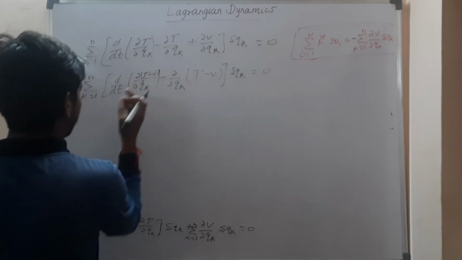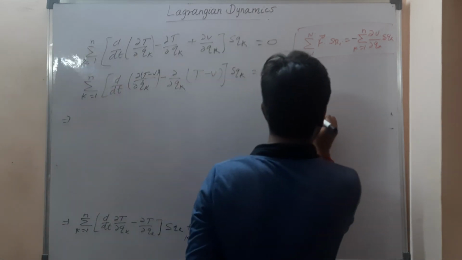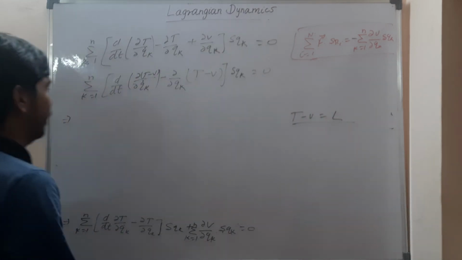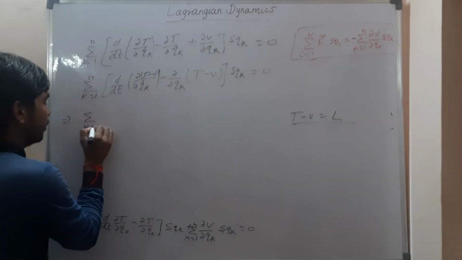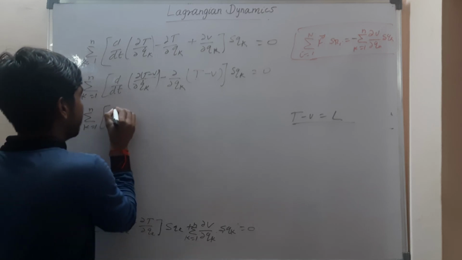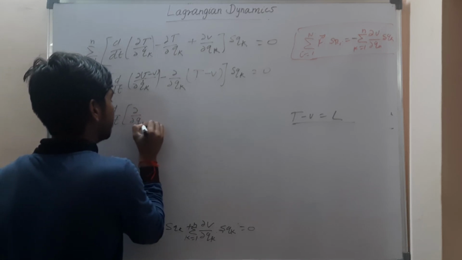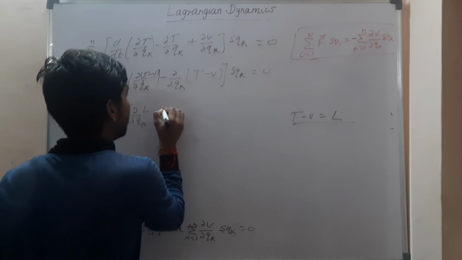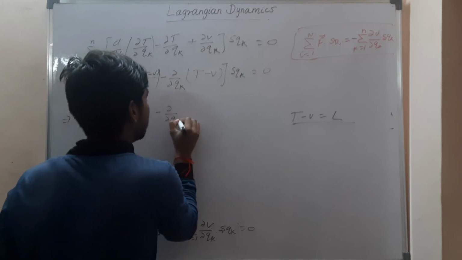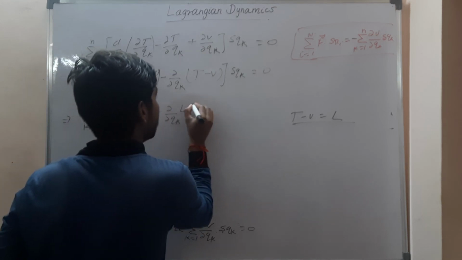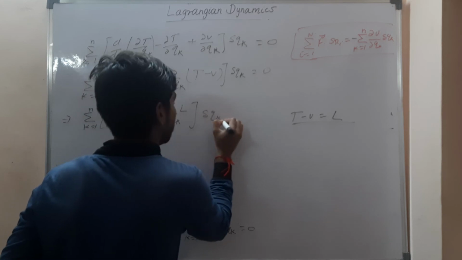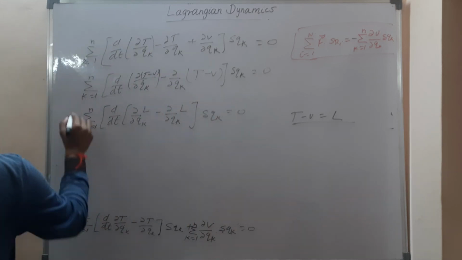So now I got the repeat that T minus V, I will replace with value L, and my value will be again d by dt of dou L by dou qk dot minus dou L by dou qk is equal to 0.